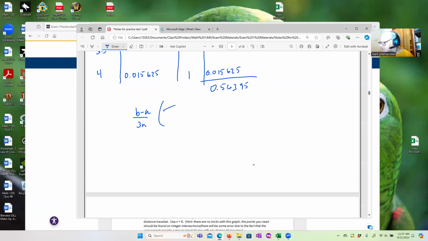We had this giant sum of all of this stuff. So we're going to have 4 minus 2 over 3 times 4. That's going to be 2 over 12, which is 1/6 times 0.566395. And we'll go ahead and do that calculation.